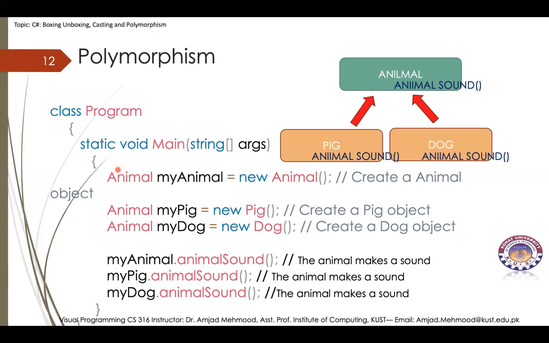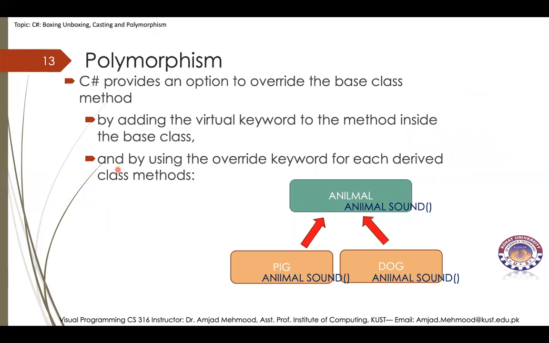I want to mention this thing. Now, polymorphism: C# provides an option to override the base class method by adding the virtual keyword to the method inside the base class, and by using the override keyword in each derived class. As I mentioned, if you want to do overriding in C#, you have two options.